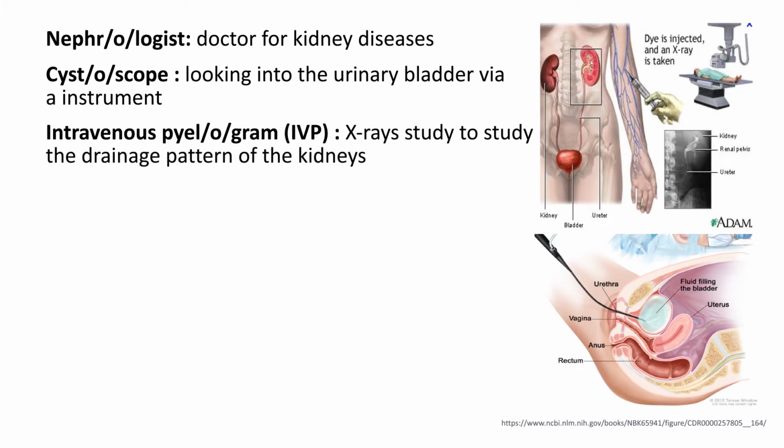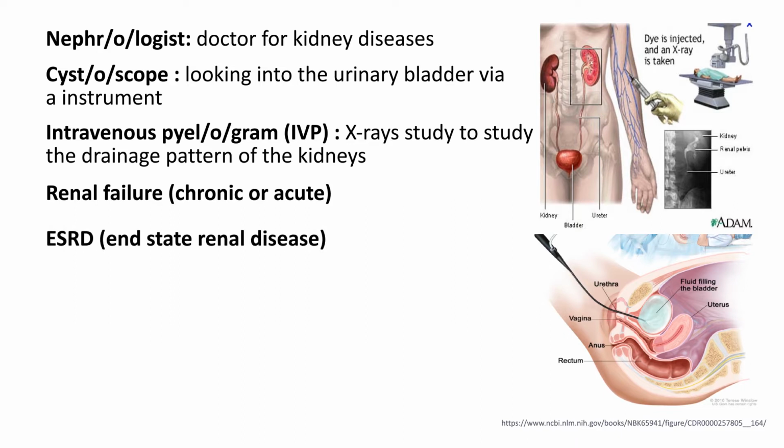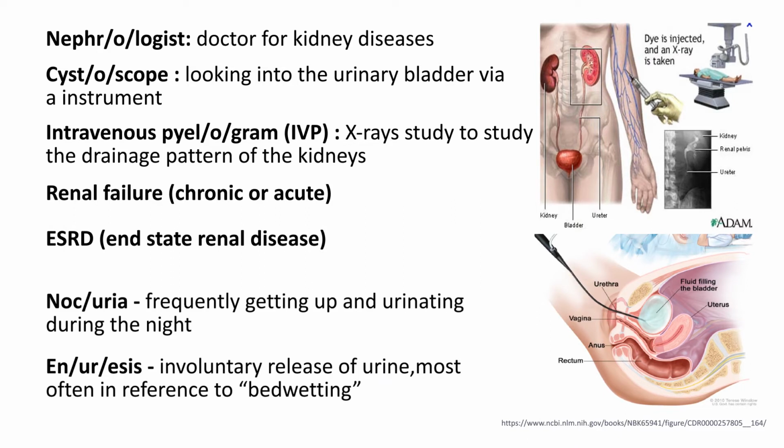Intravenous pyelogram, or IVP, is an X-ray study of the drainage pattern of the kidneys. And you must know the names of renal failure, both chronic and acute renal failure, and the term end-stage renal failure or end-stage renal disease, which we call ESRD.